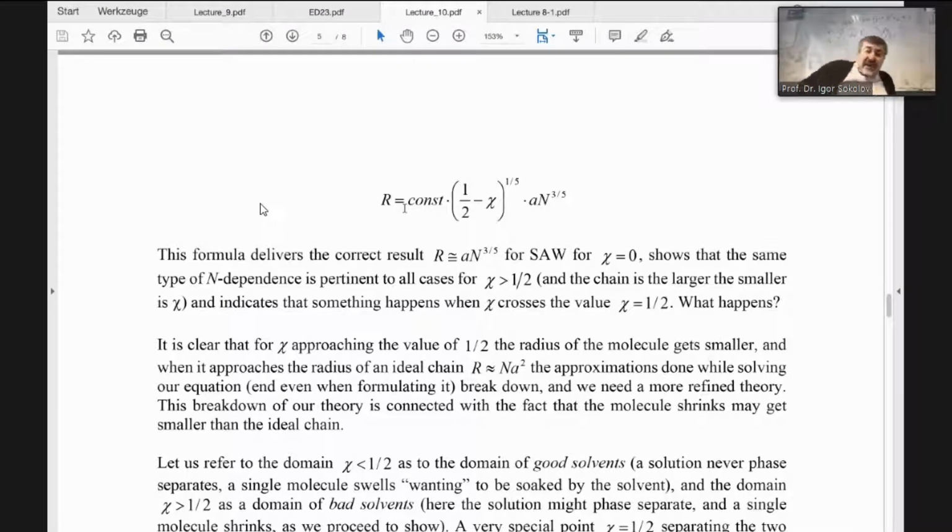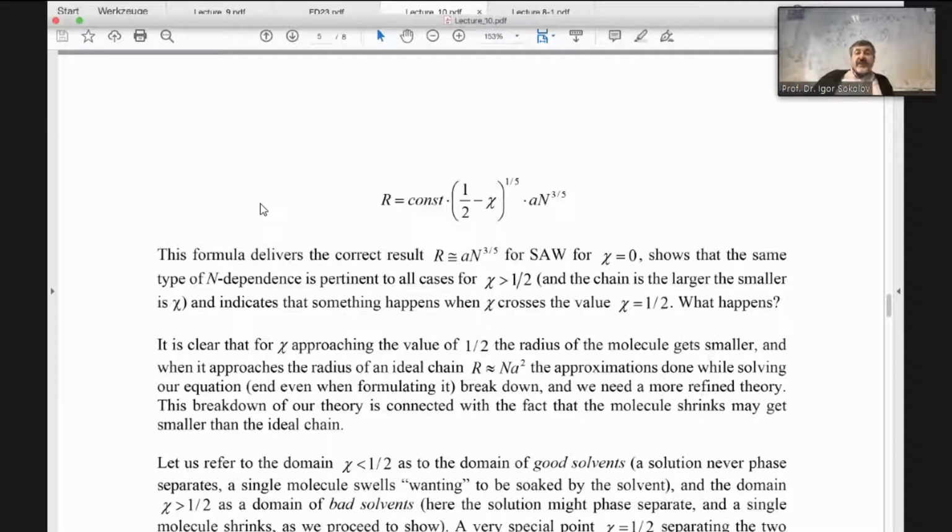So at or around 1/2, something happens. And just like the genuine Flory-Huggins needed for consideration of phase separation, we need here for consideration of some other physical effects which explain to us what does happen indeed.